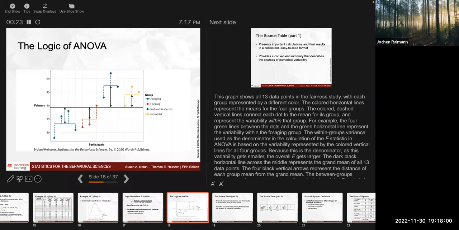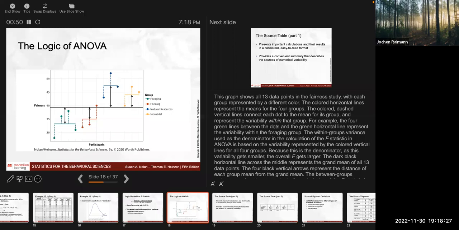The sum of squares total is essentially the deviation of each individual point from that grand mean, squared. Remember, that was the first column we did, X minus GM. So the individual contribution to the variability is quantified as the deviation of each individual point from the grand mean.